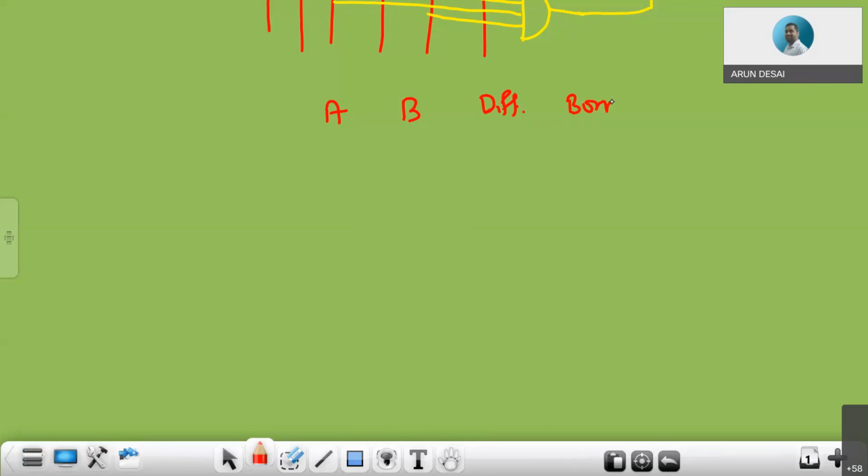You need to find the truth table, then expressions. The circuit for the half subtractor is the same as the half adder. The minor change is you need to use an inverter for A's input. Why?